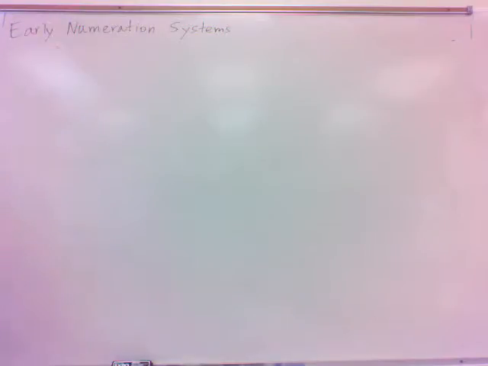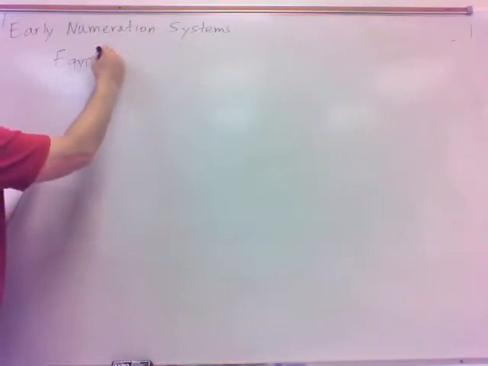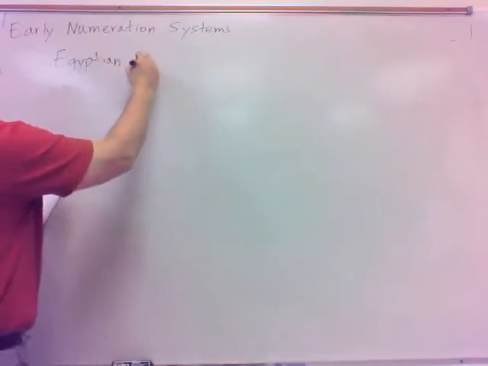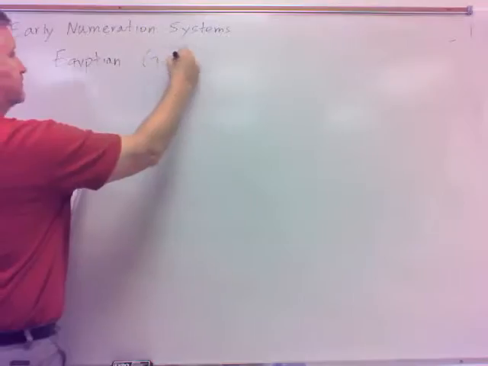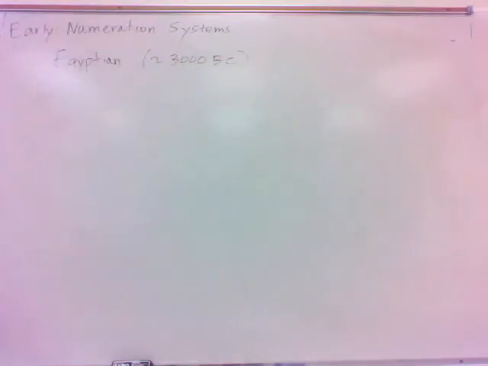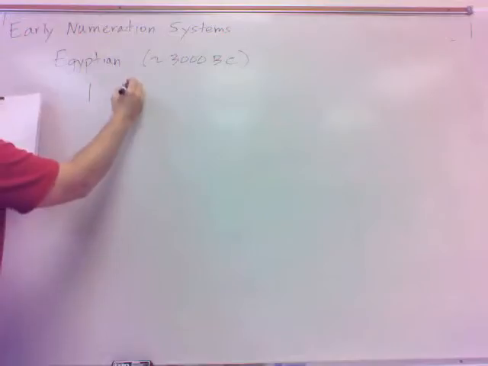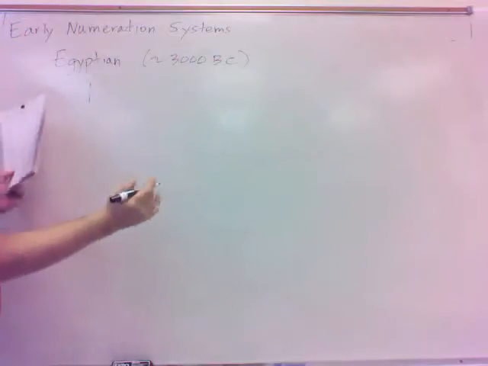We're going to start with the Egyptian system from about 3000 BC. And interesting, yeah, they had some interesting symbols. Their one was just kind of a one, just like ours.